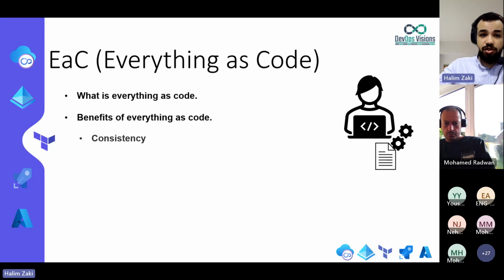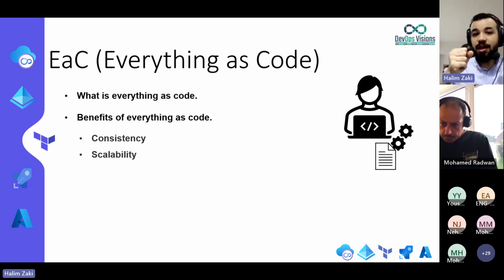Everything as code is consistent. When you're building an infrastructure, it will be the same across all environments. It's scalable because we have the same thing. By a click, we can provision as many environments as we want.